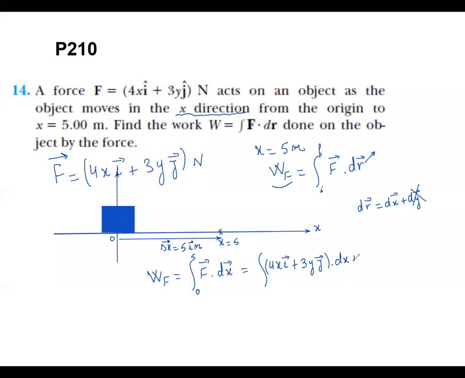You cannot write it without i and j, because here you have i, j, i. We have the direction in the formula. You have to keep writing the direction. And the limit will be between 0 and 5. We continue here.